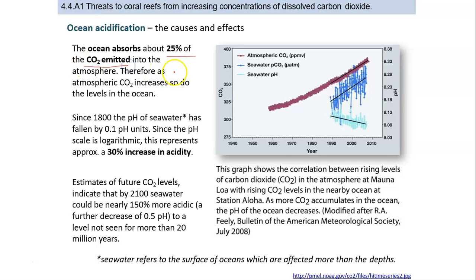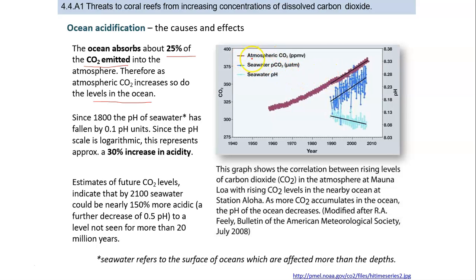Therefore, as atmospheric CO2 increases, the level of CO2 in the ocean will increase as well. So they are following the same pattern.